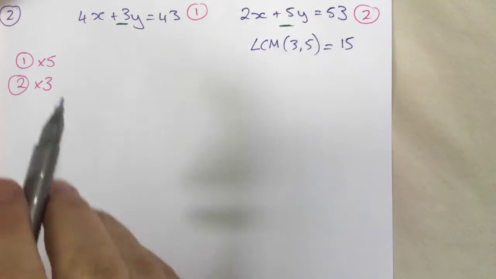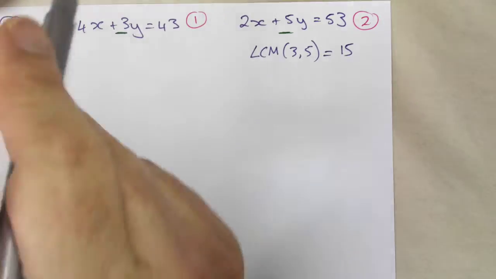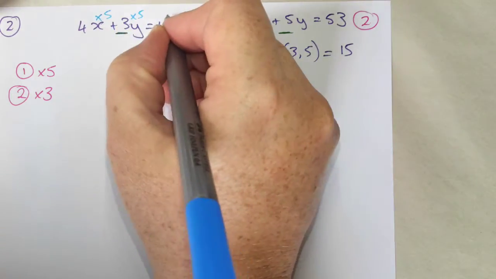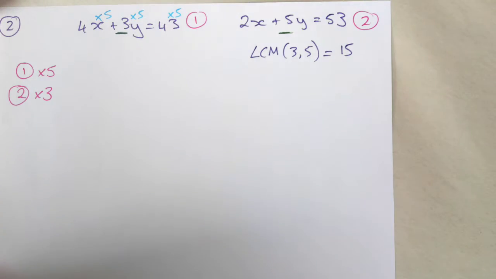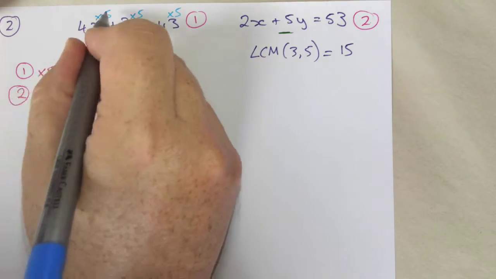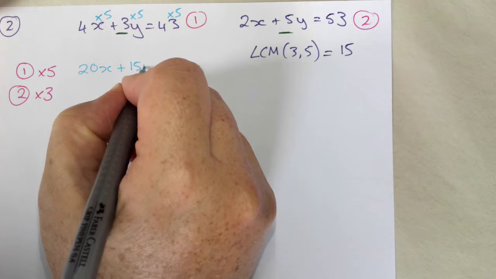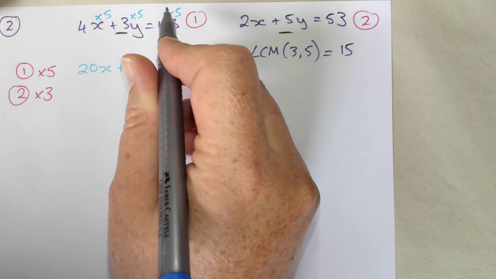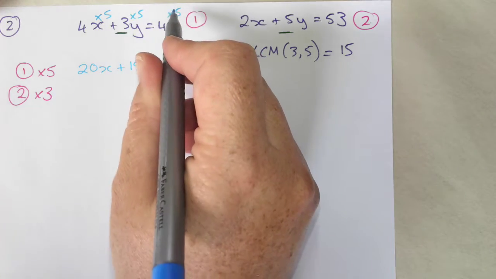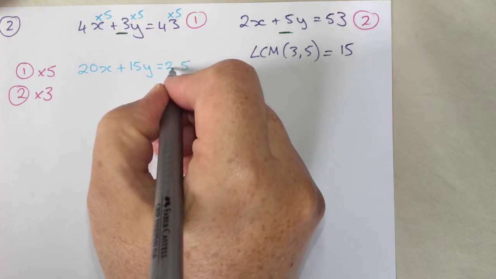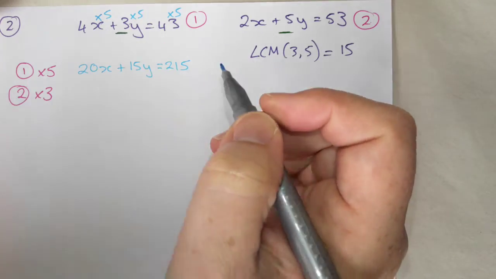So I'm going to take equation 1 and multiply the 4x by 5, the 3y by 5, and the 43 by 5. That gives me 20x plus 15y equals 43 times 5, so 5 3s are 15, 4 5s are 20, so 215.